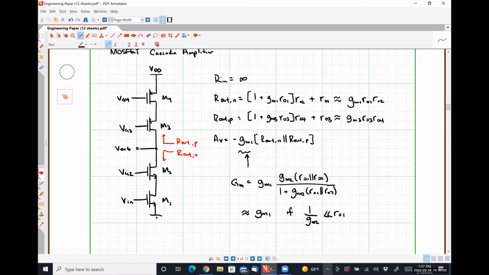All of those are equal. In an integrated circuit MOSFET, the designer has control over both the width and the length of every single MOSFET, which means we have control over the channel length modulation coefficient. So there is no guarantee whatsoever that all of our output resistances for all of our transistors will be the same.